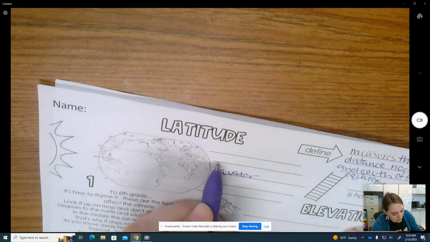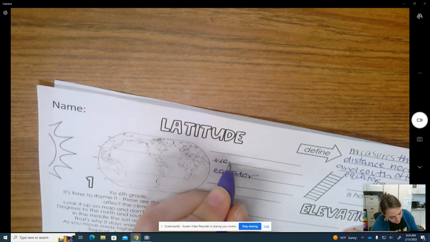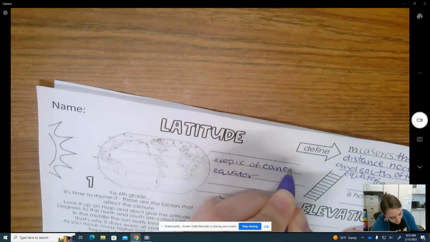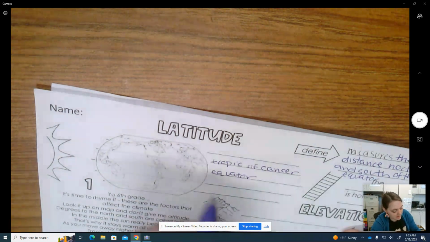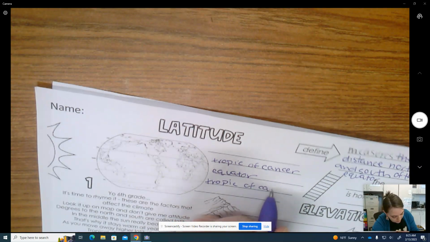The line just north is called the Tropic of Cancer. The line just south is called the Tropic of Capricorn.